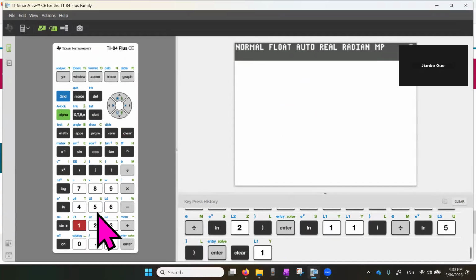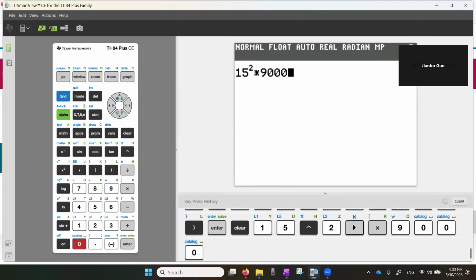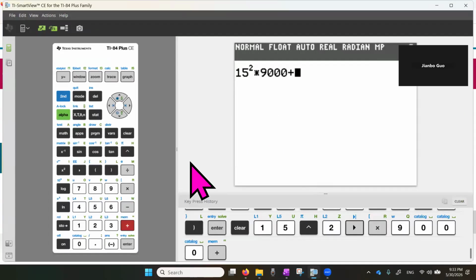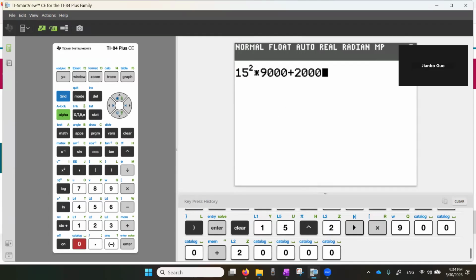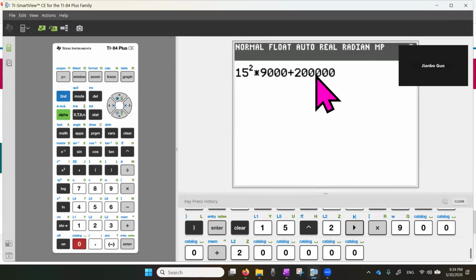It's 15 squared times 9,000 plus 200,000. Double check. 200,000 plus 9,000 times t squared.